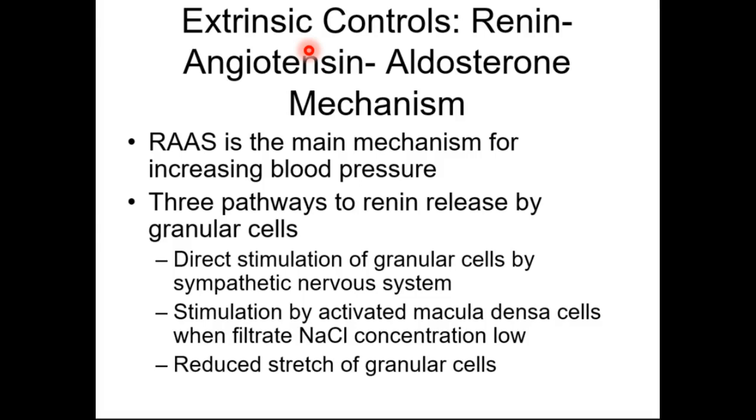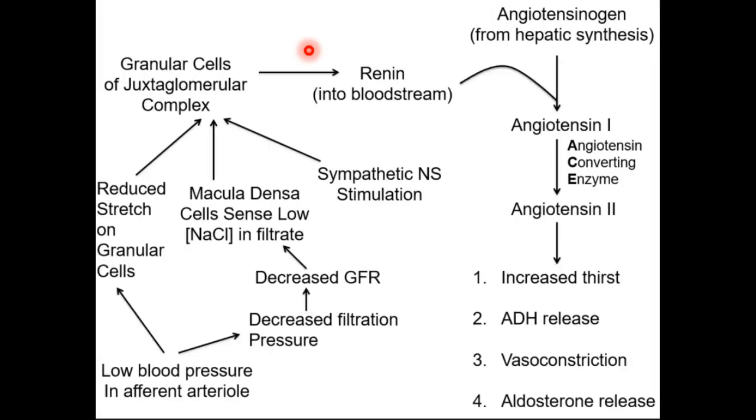Now that renin is going to cause the conversion of angiotensinogen into angiotensin 1. What released that angiotensinogen? The liver. There we go. Now is the time for the liver. And then you have angiotensin converting enzyme that converts it to angiotensin 2. And that causes ADH and aldosterone release as well as thirst.